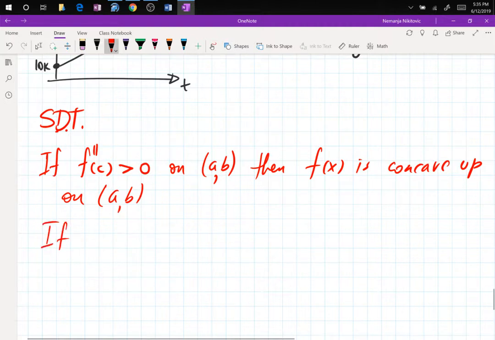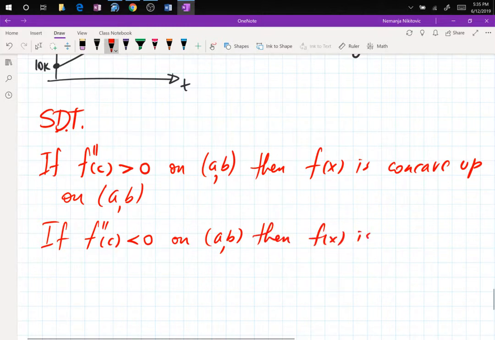Next one. If f double prime at C is less than 0 on some interval AB, then f of x is concave down on AB.